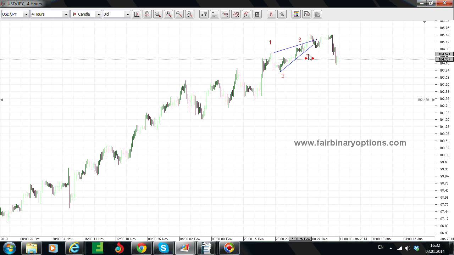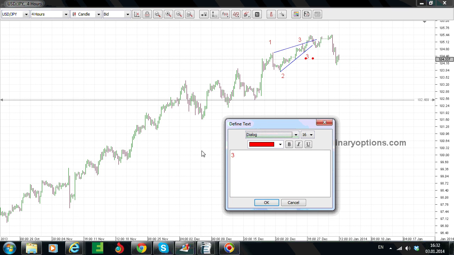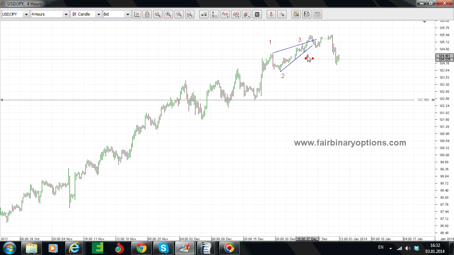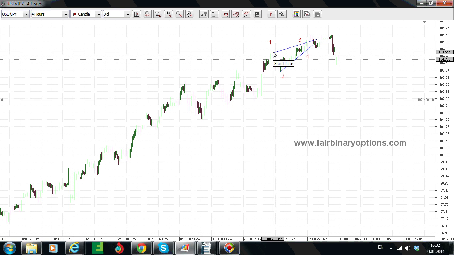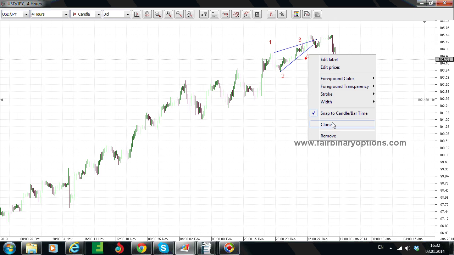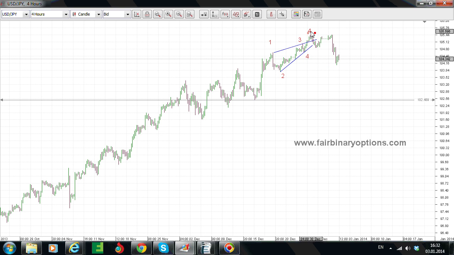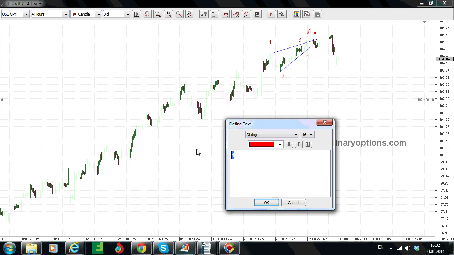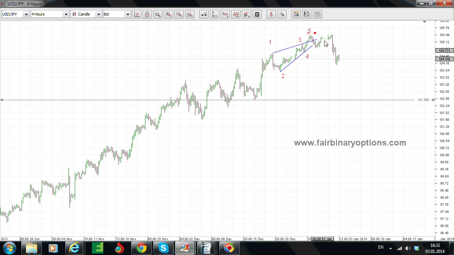The 4th wave here comes and pierces the end of wave 1, as you can see here. 1, 2, 3, 4. And then we are looking for a 5th wave to the upside. 1, 2, 3, 4, 5. And there you go. We have a nice rising wedge.